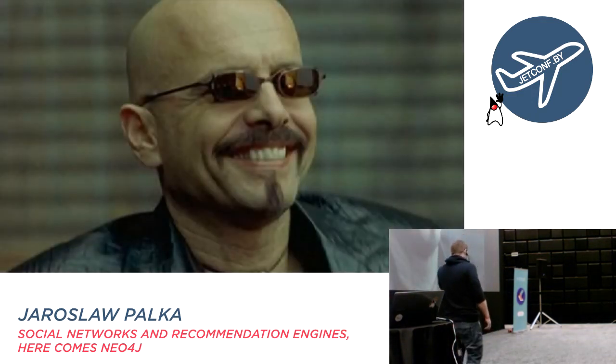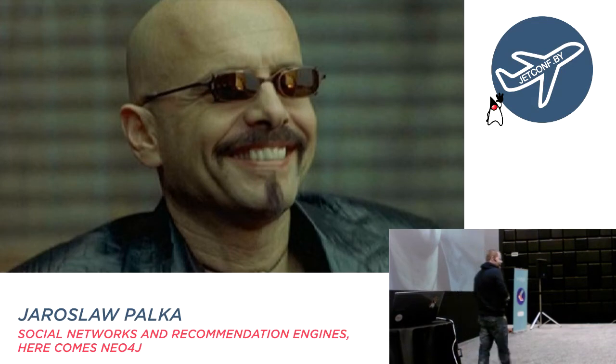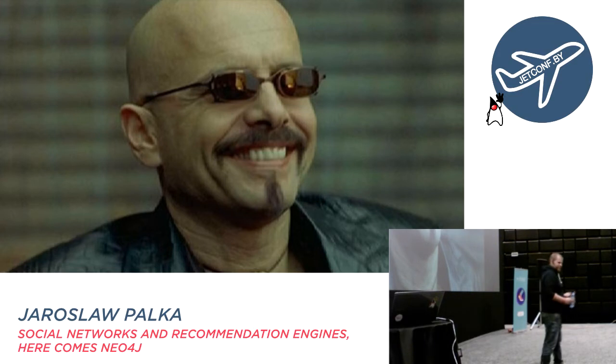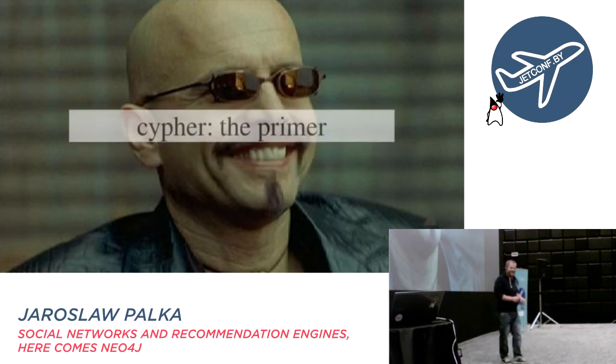You know this guy? Cypher. His name is Cypher, from Matrix. And they created a language called Cypher. So for a long, long time, Neo4j had only a really nasty DSL, a Java API, to access the database, which was dirty. It was not nice.